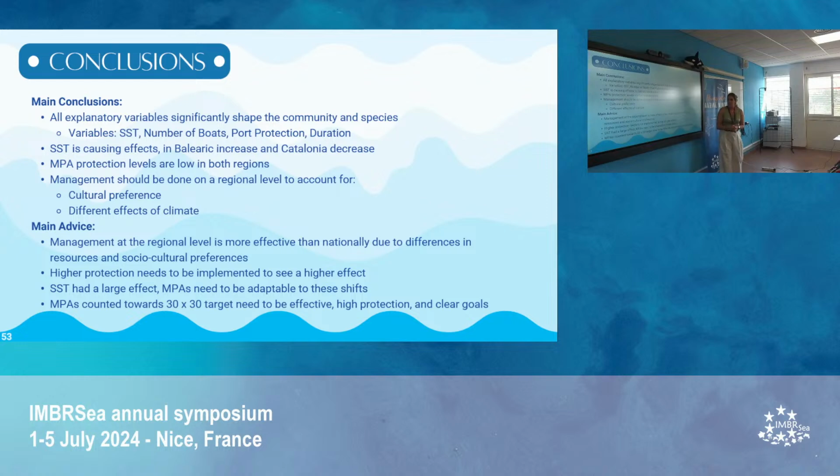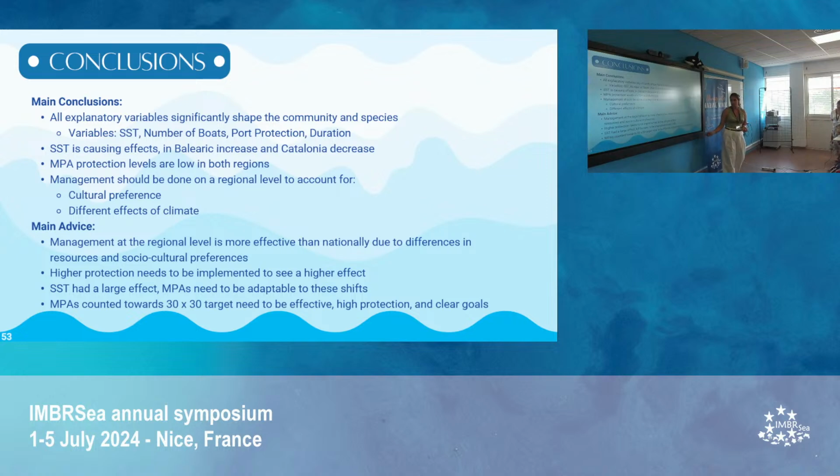And the main takeaways or advice for managers is that because of these differences in socioeconomic preferences and fish availability, regional management is advised instead of national. That the higher protection, because it is proven to be more effective, needs to be increased overall.